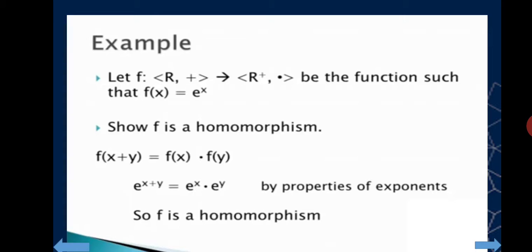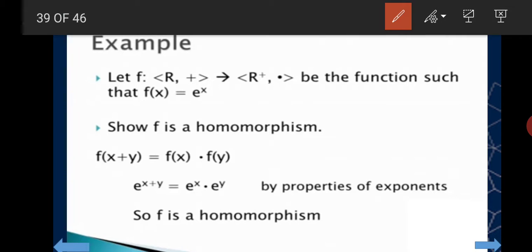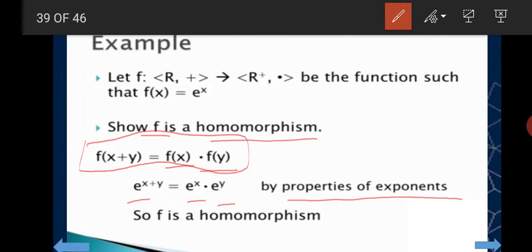So we need to show that f of x plus y is equal to f of x times f of y. So this is what we're going to show in order to prove that f is a homomorphism. And so we plug in: e to the x plus y is equal to e to the x times e to the y by properties of exponents. So f is a homomorphism.